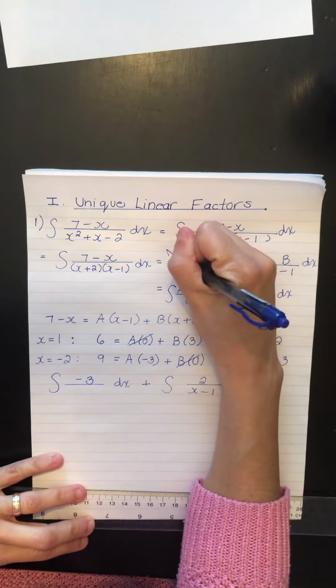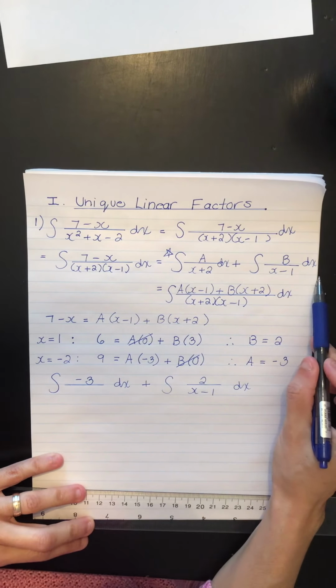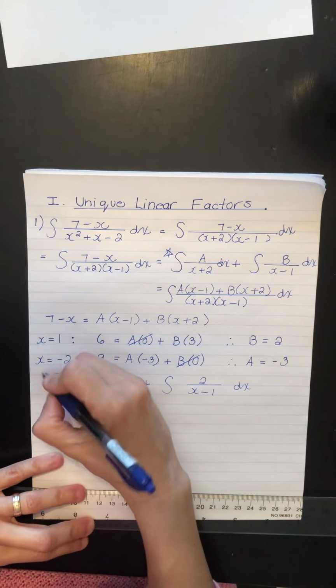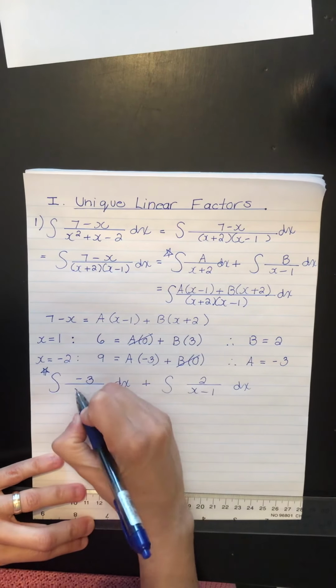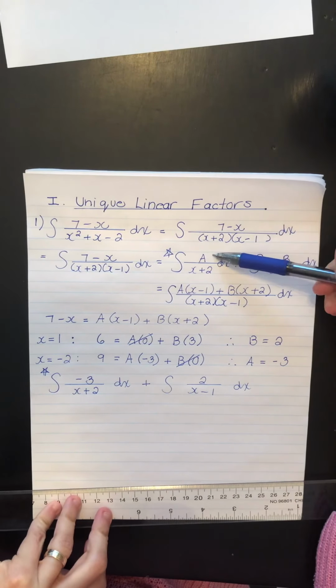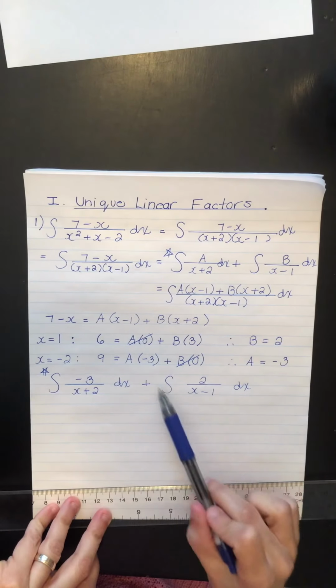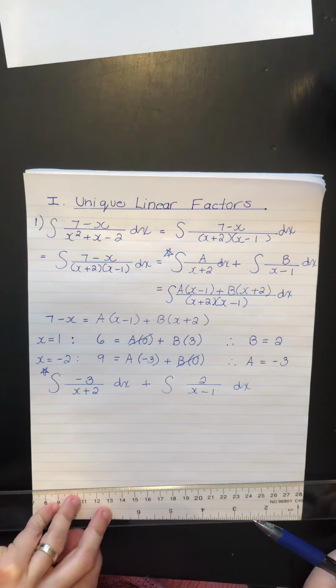Okay, so I've gone right here back to this form with the two fractions being added together, and I'm simply substituting A is equal to -3 and B is equal to 2. Each of these integrals is now a natural logarithm.